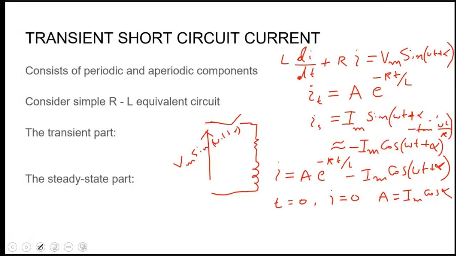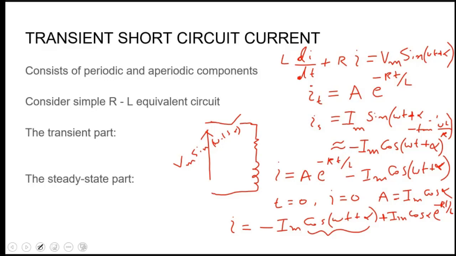So let me write this statement again. i equals minus Im cos(omega t plus alpha) plus that exponential portion, Im cos alpha into e to the power of minus Rt by L. At what instant of time, if the switching happens, will the maximum instantaneous current occur? This term is sinusoidally changing, right?